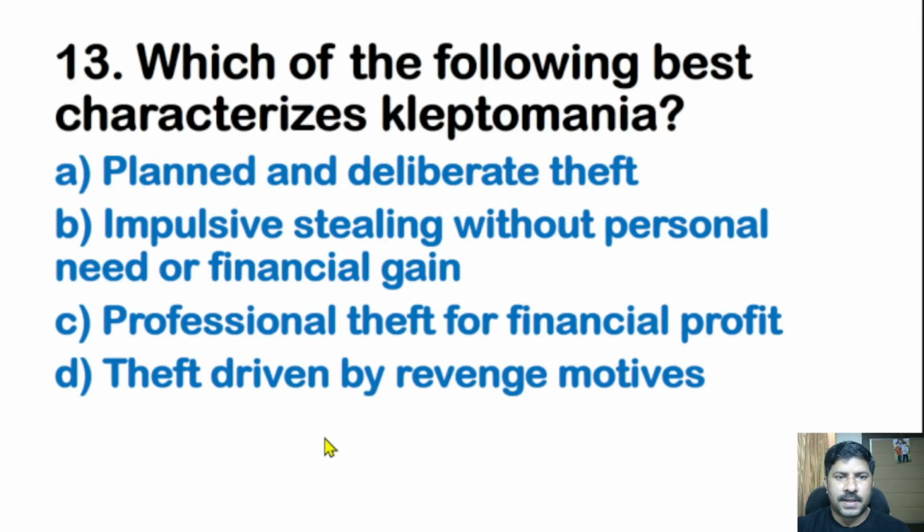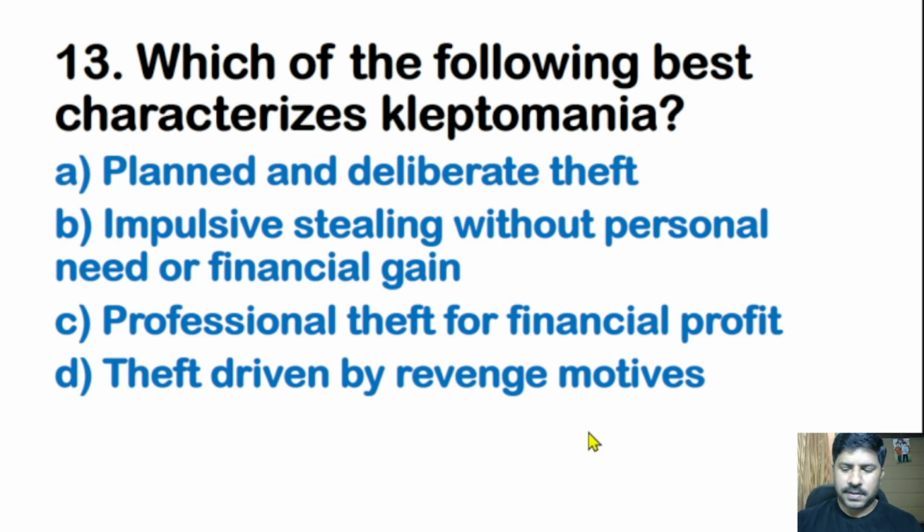Then the 13th question: which of the following best characterizes kleptomania? You need to understand what kleptomania is, then only you can answer here. Kleptomania means stealing behavior. The options are planned and deliberate theft, impulsive stealing without a personal need or financial gain, professional theft for financial profit, theft driven by revenge motives.